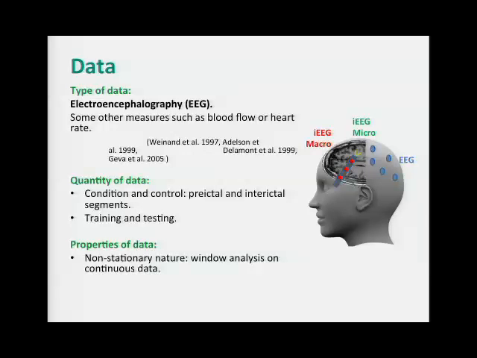But as I told you, recently we are able to explore, with the microelectrodes, much more focal activity of the brain. So this is maybe opening a new field in seizure prediction, or a new field of exploration. However, there are other measures, such as blood flow and heart rate.